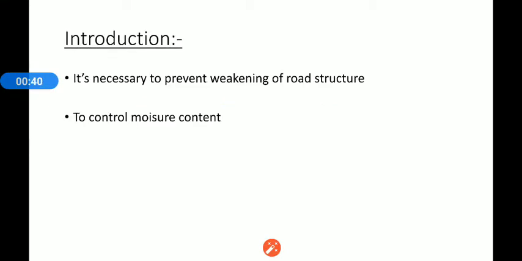Introduction: subsurface drainage is necessary to prevent the weakening of the road structure due to excess moisture accumulating in the subsoil. The main function of subsurface drainage is to control the moisture content of the road subgrade.